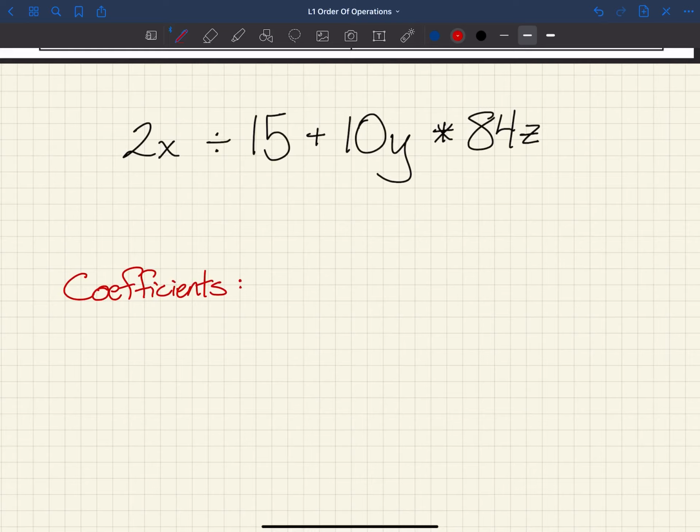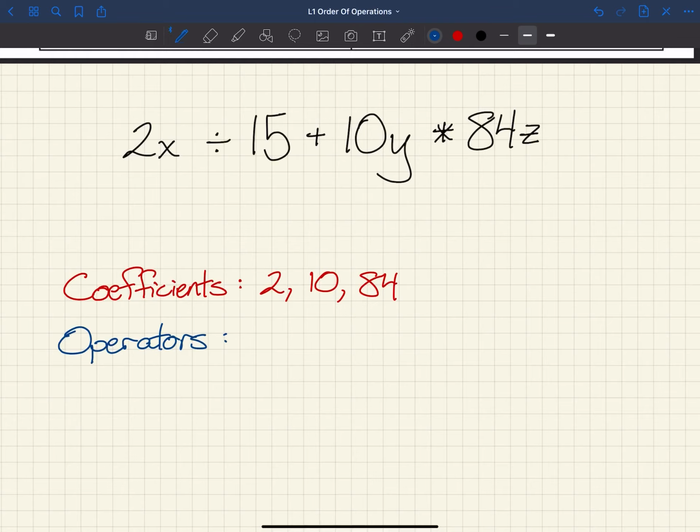I'm going to tell you that the coefficients here are 2, 10, and 84, because those are all the things that come in front of a variable. 15 doesn't count as a coefficient because it doesn't have a variable near it. All right, maybe take another second, pause again, and think about which ones are the operators or operations.